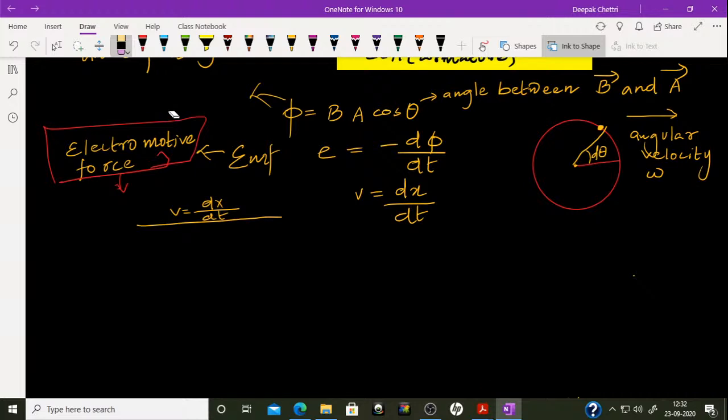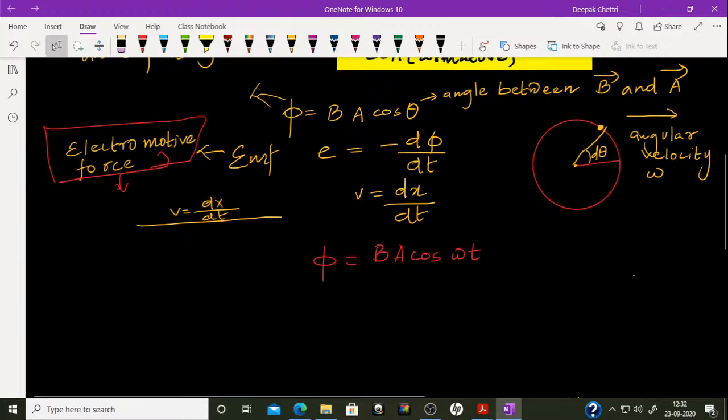So in this formula for phi, instead of theta I can put omega t, right? So phi will be equal to BA cos omega t. Is that part clear? How phi is equal to BA cos omega t? Is this clear?